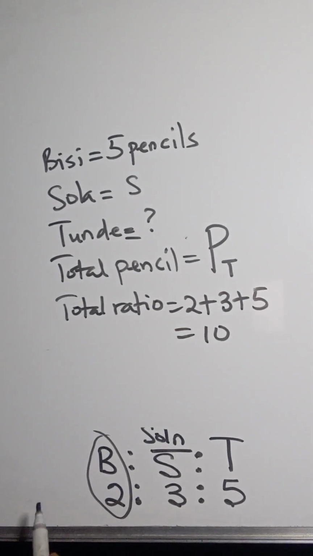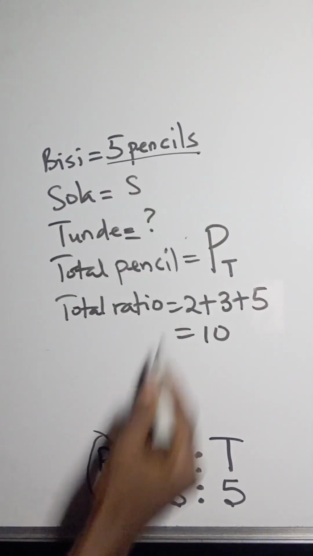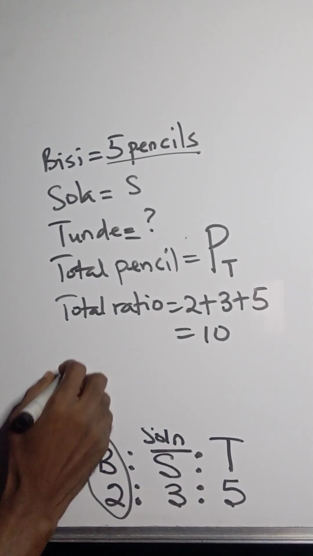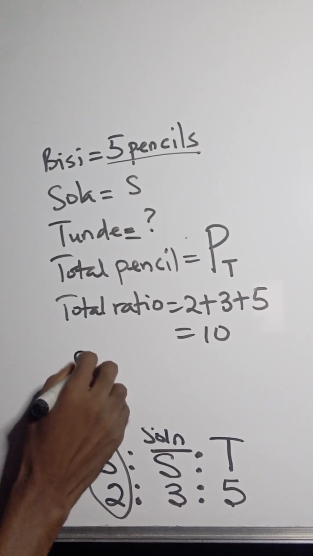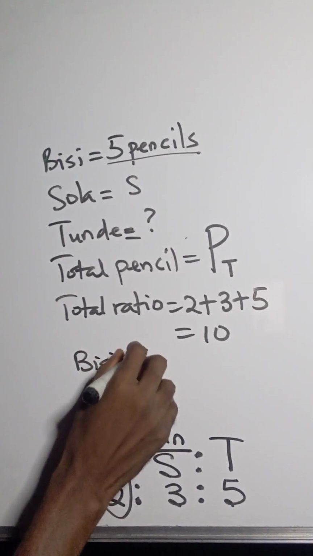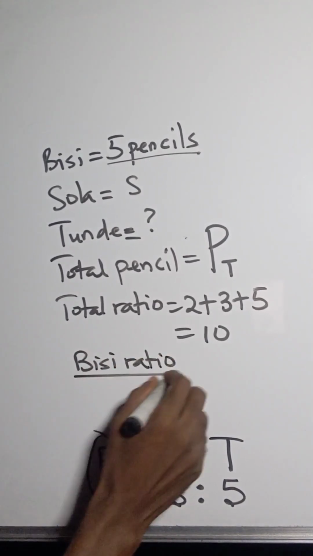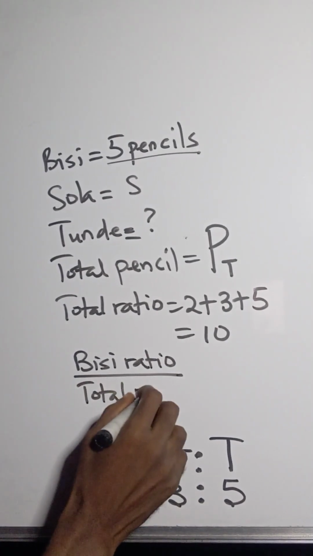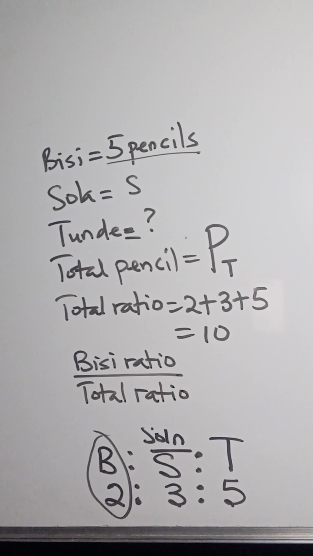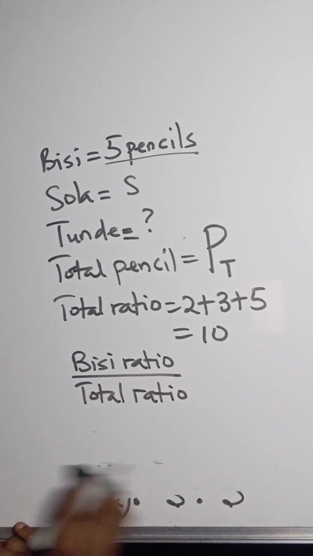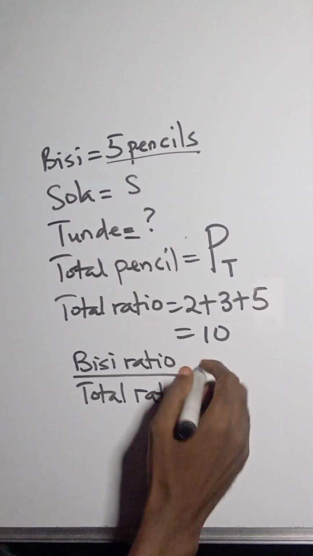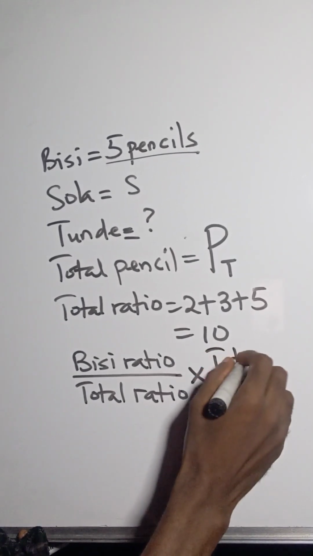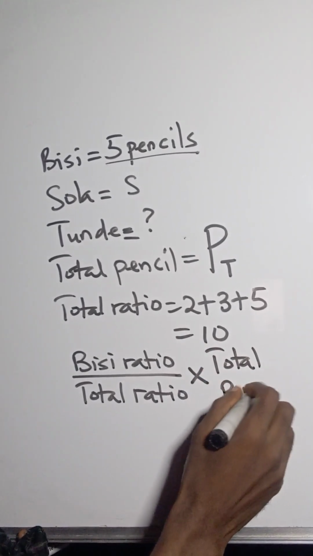Now, the way we arrive at BC's number of pencils is always BC's ratio over total ratio, times total pencils.